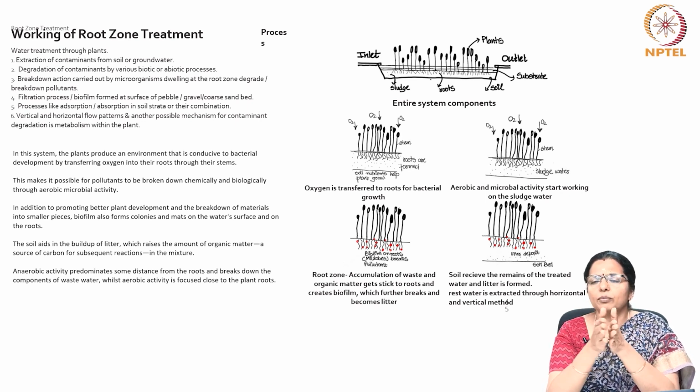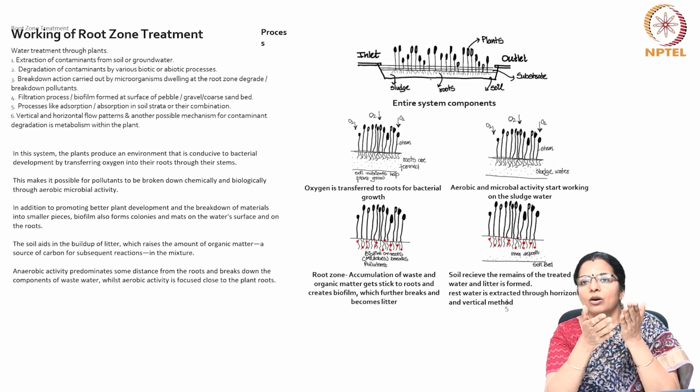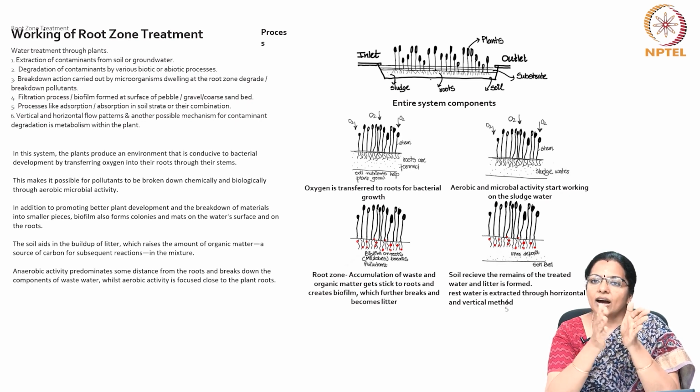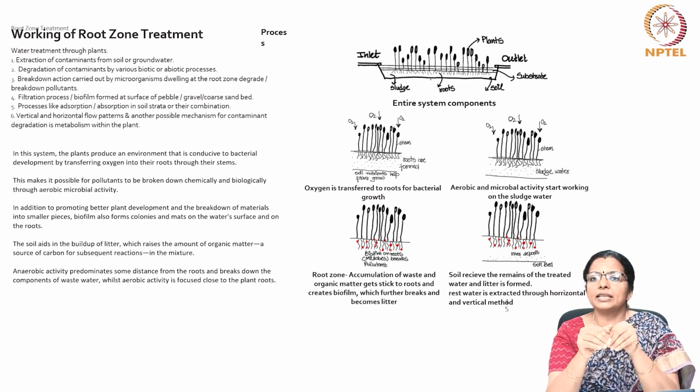The filtration process or biofilm is formed at the surface of the pebble or gravel or coarse sand bed. Processes like adsorption or absorption in soil strata, or a combination, happen. There are vertical and horizontal flow patterns, and another possible mechanism for contaminant degradation is the metabolism within the plant.